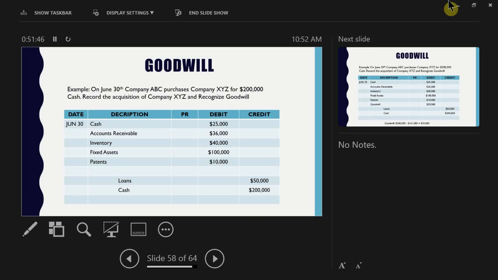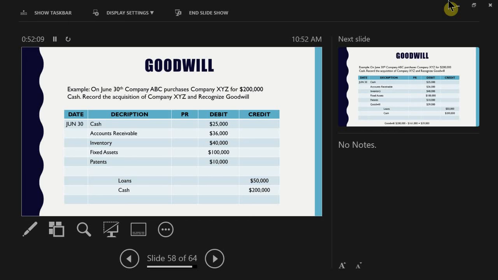Now I need to calculate the difference in order to solve for the amount of goodwill I will be acquiring. The goodwill is determined as the difference between the purchase price and the fair market value of net assets.